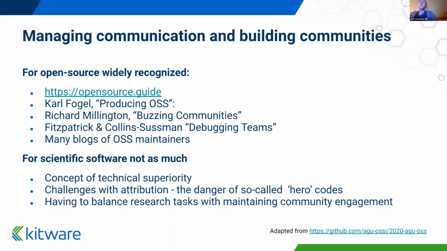Managing an open source community: in the context of open source software, there are a lot of ways to deal with that. There are a few books and publications, some websites.